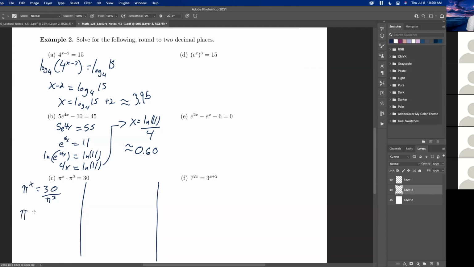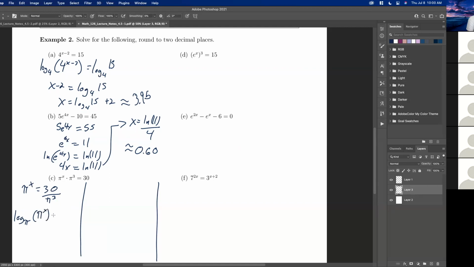And then we'll just take log base pi. Remember pi is 3.14159, on and on.